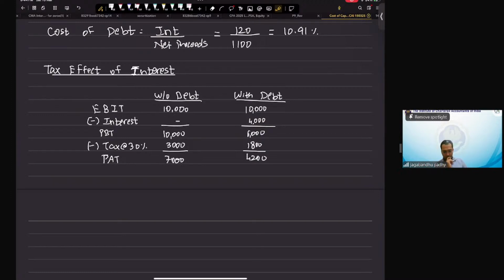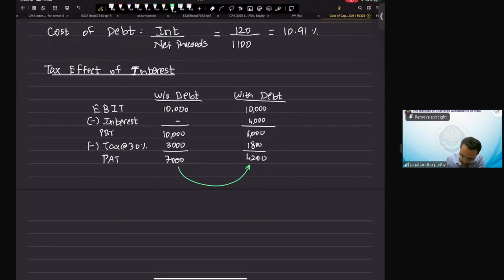Well, if you say that 4,000 is the cost, just look at how much is the reduction in the PAT due to the debt.